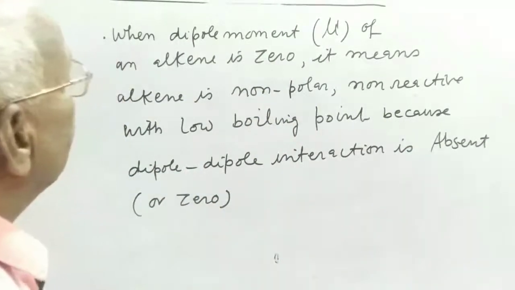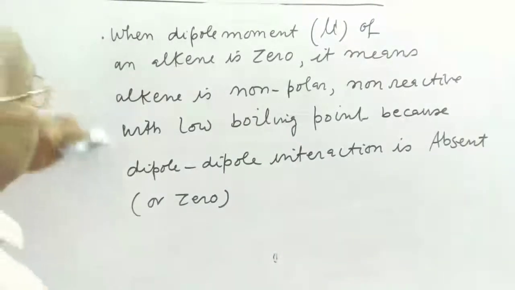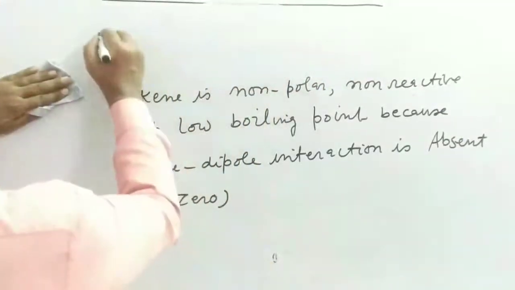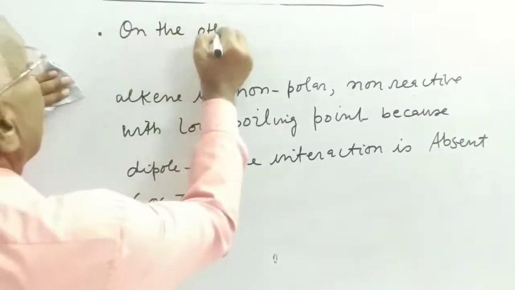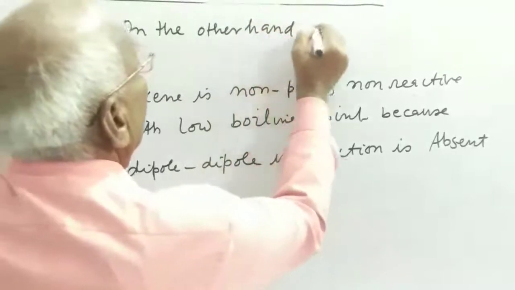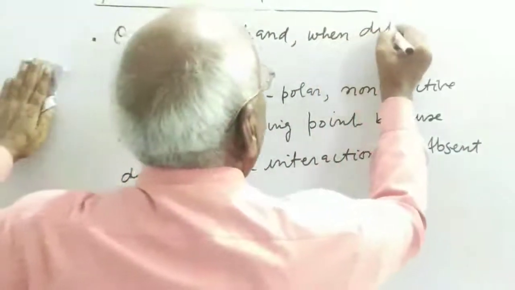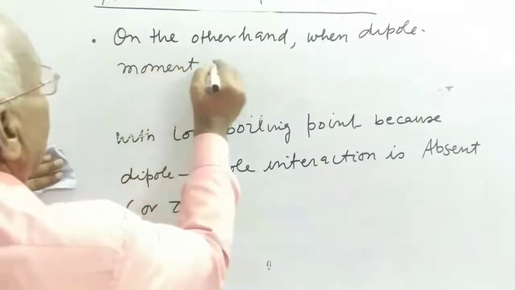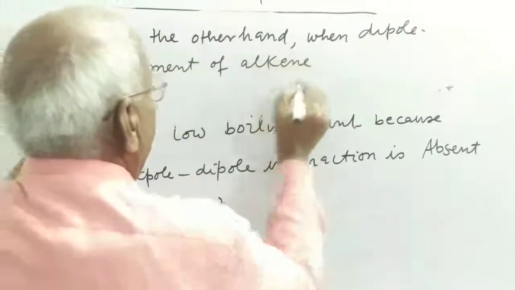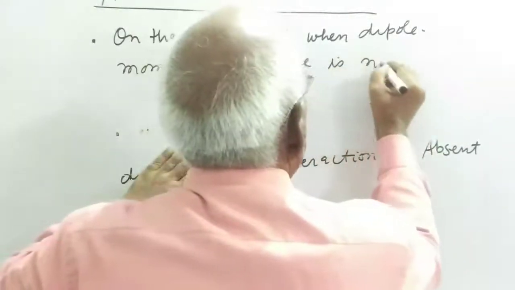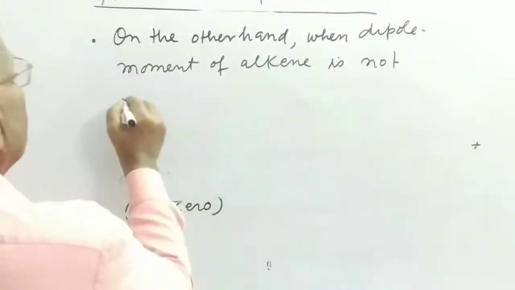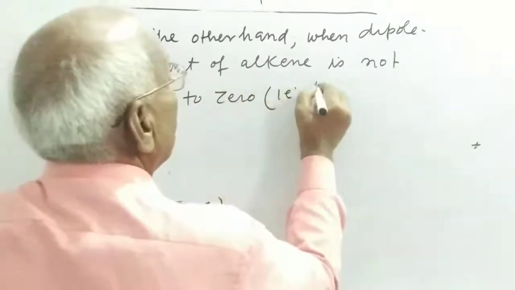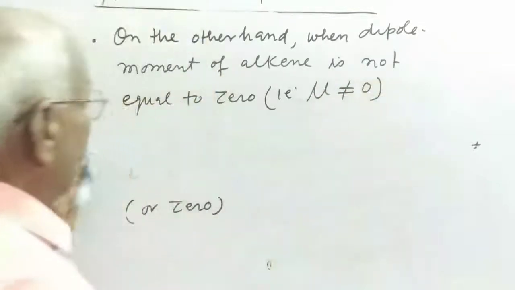On the other hand, when dipole moment of an alkene is not equal to 0, that is mu is not equal to 0, it means it has some value.